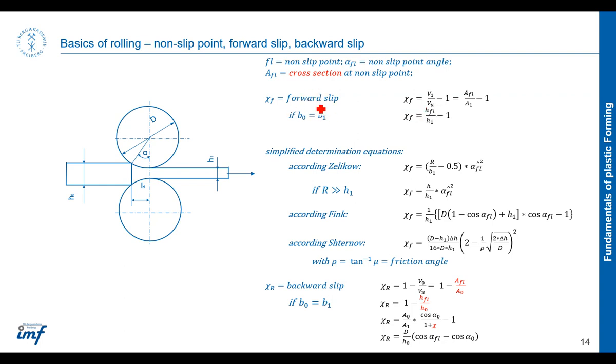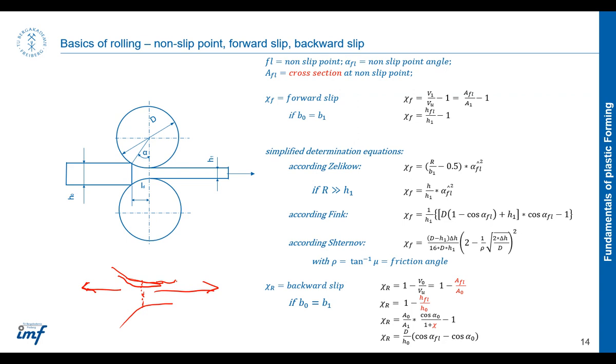For example, in the case of forward slip, which is here after the neutral point. Let me do it again. So if I am constructing it a little bigger, in any case, if this is a neutral point, we have forward slip here and reverse slip here.